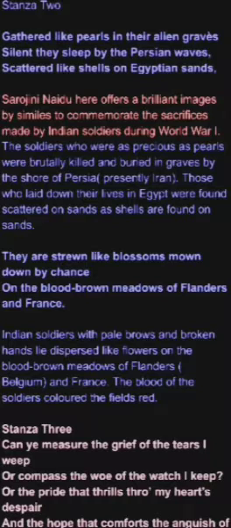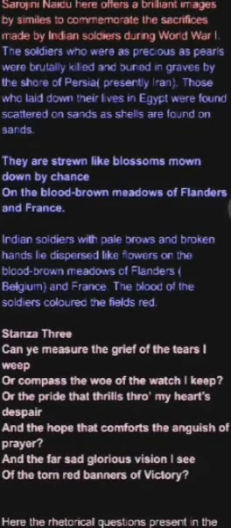So this is the context of World War One. In the same stanza, the poet refers to Egypt, where the soldiers who laid down their lives were found scattered on the sands as shells are found on sands. Like shells, their dead bodies were scattered in the Egyptian desert.